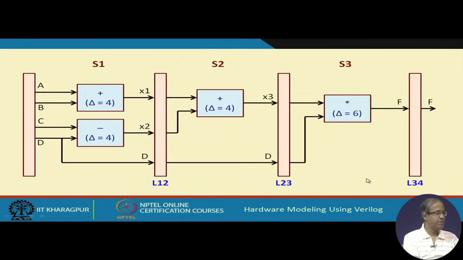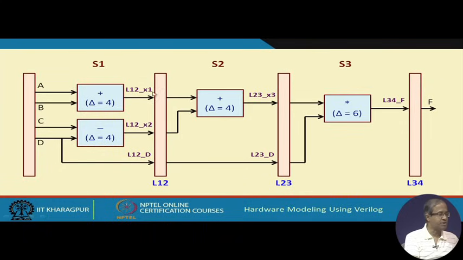Okay? So, these storage elements we refer to as L12, L23 and L34, and just for convenience, you see earlier we called these variables x1, x2 and D. Here we are renaming the variables by also mentioning which latch stage they belong to. This is L12, between 1 and 2.